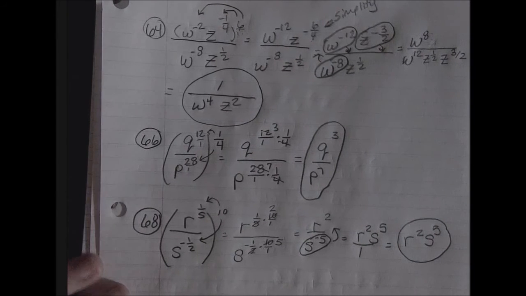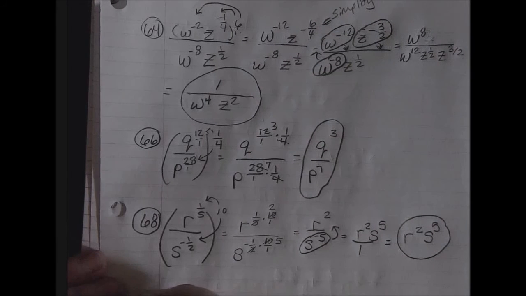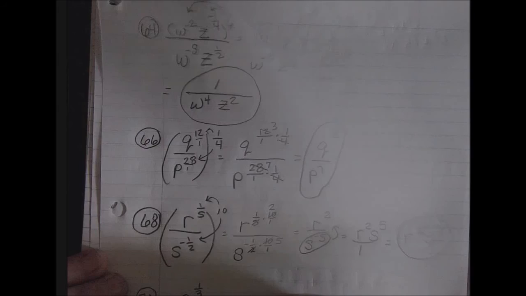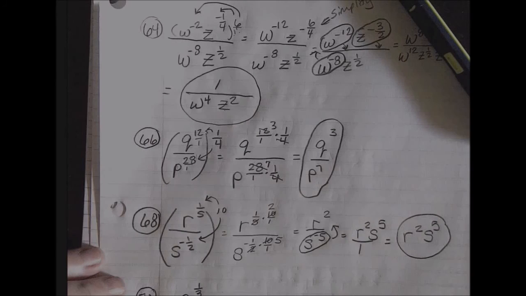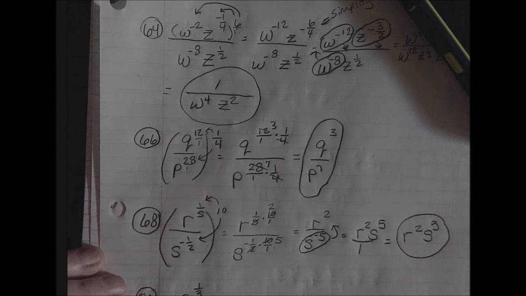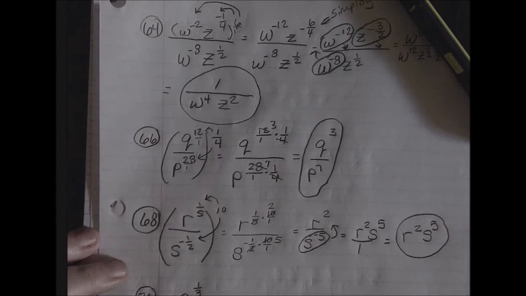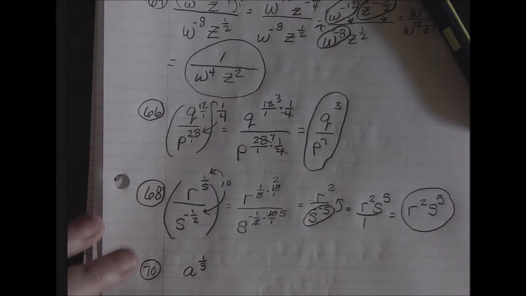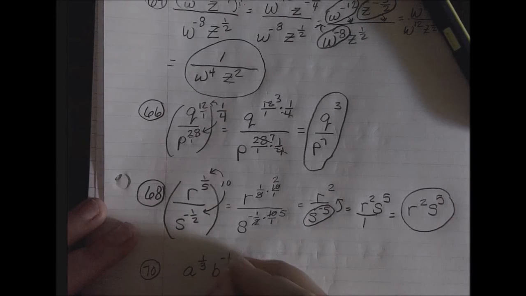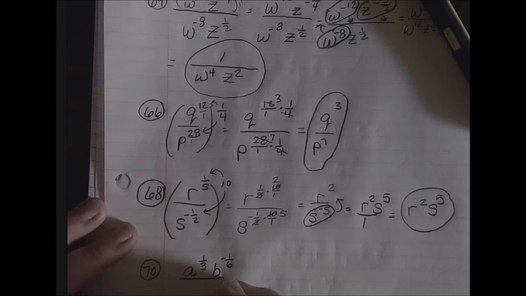So now let's look at number 70. Number 70 says I have a to the 1/3, b to the negative 1/6, over c to the negative 1/6.